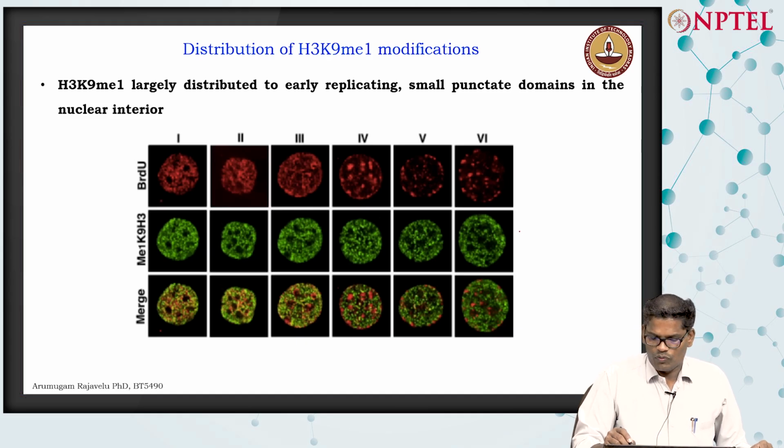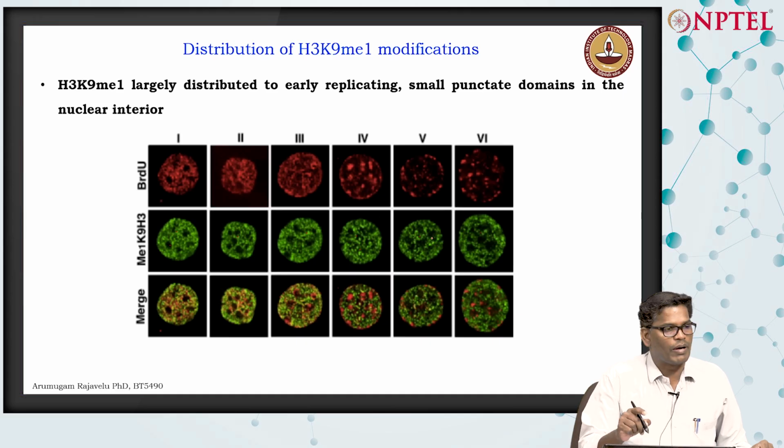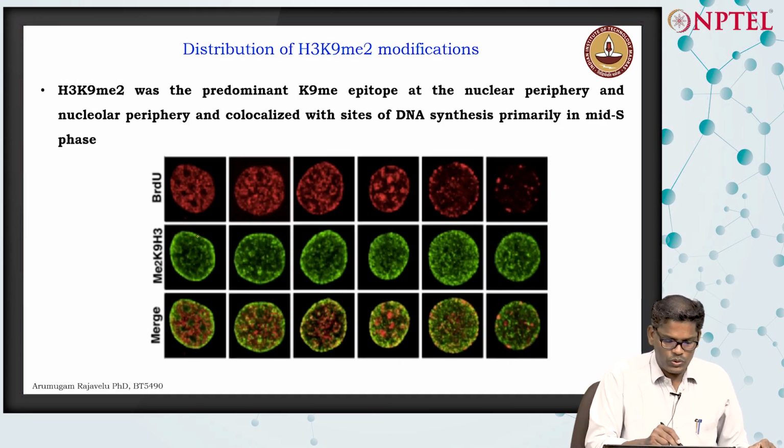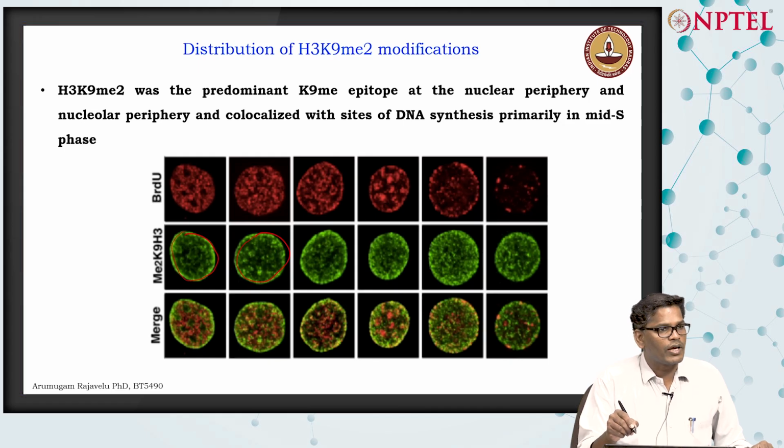You can see the Me1 distribution is mostly within the nucleus, but as small punctate domains, whereas for Me2 you see the nuclear periphery. This also tells us that each intermediate mark has its own function, right? Otherwise, why would it show differential distribution?